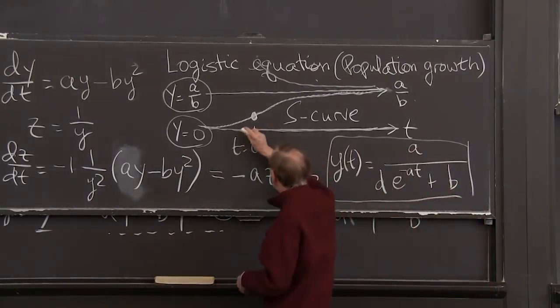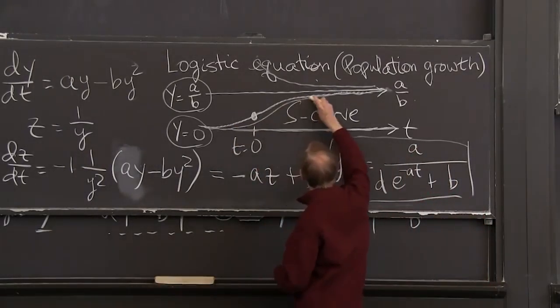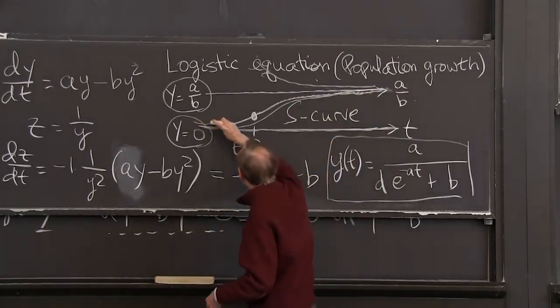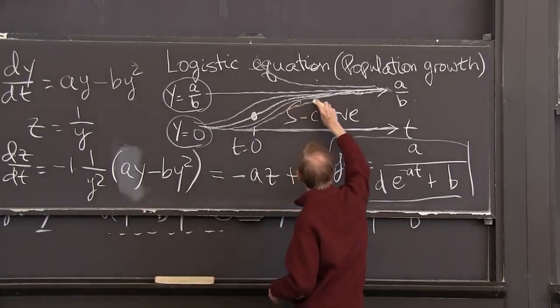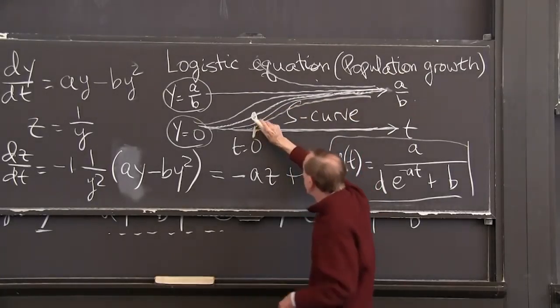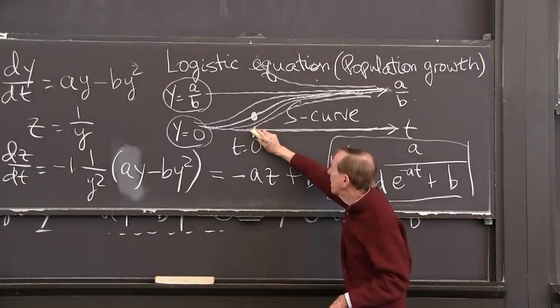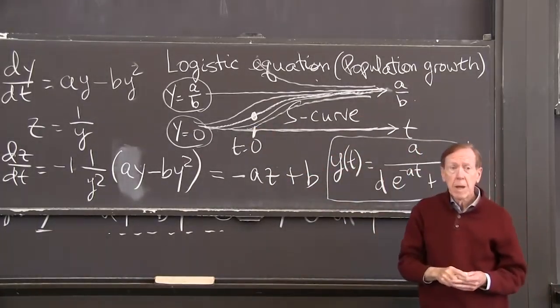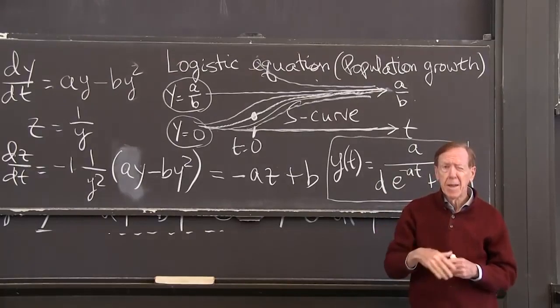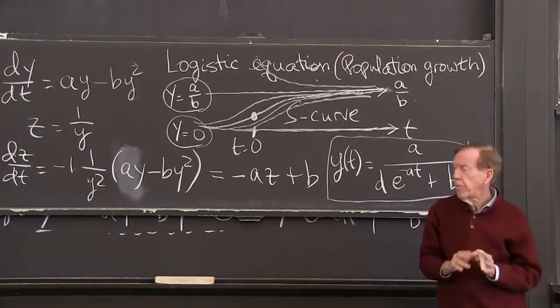Otherwise, we have S-curves, and they don't cross. Depending on the initial value, we'll be on one or other of these curves, and they all go up to that carrying capacity, that limiting population, a over b.